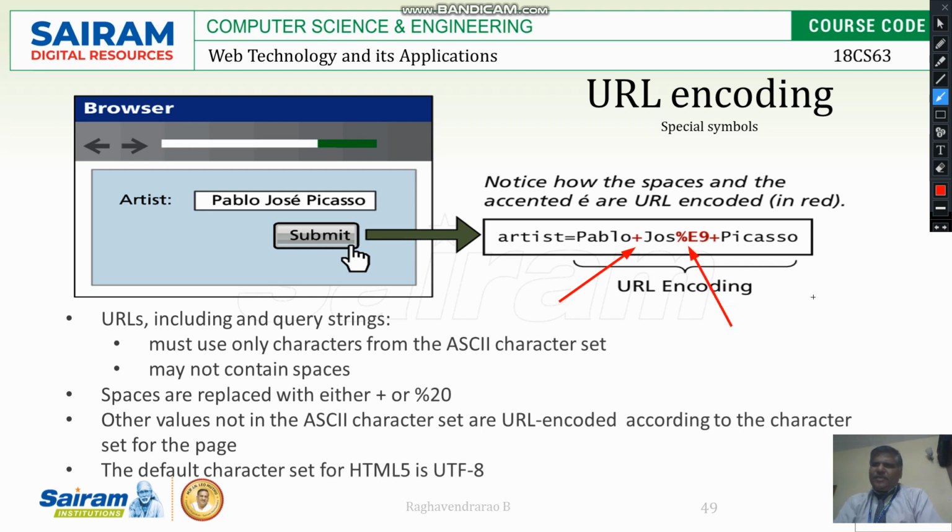Either it is going to be a percentage sign or E9, and spaces are going to be replaced by a plus or percent 20. Either plus or percent 20 replaces the spaces in between. These things come under URL encoding.